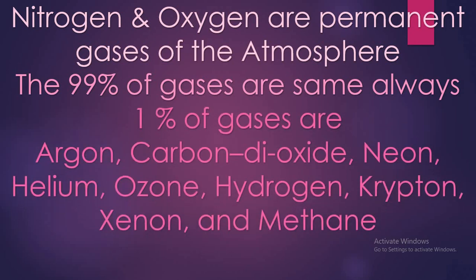The other 1% of gases are argon, carbon dioxide, neon, helium, ozone, hydrogen, krypton, xenon and methane. All these gases combined make up the 1% of the blanket of atmosphere on the earth.